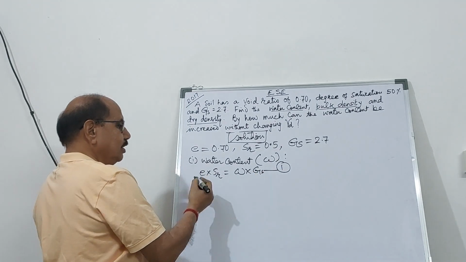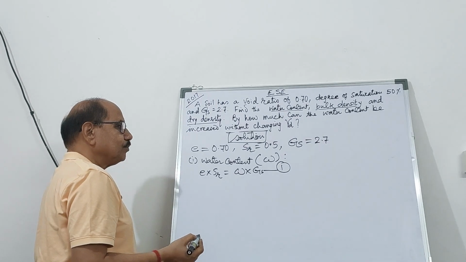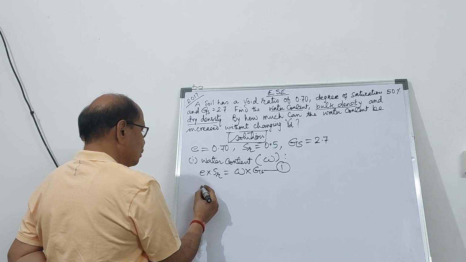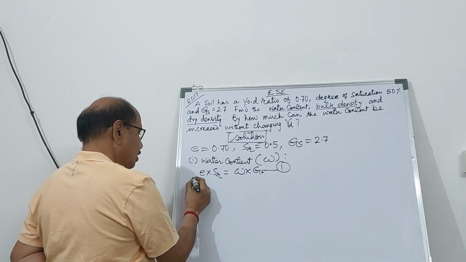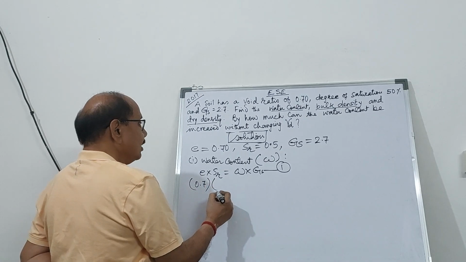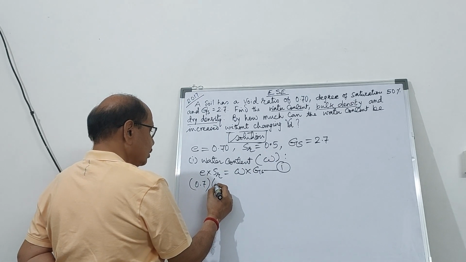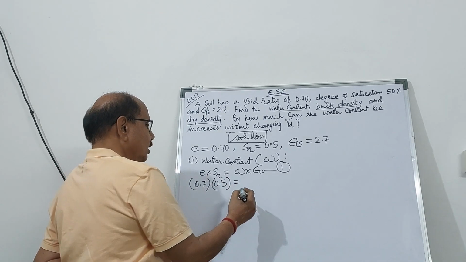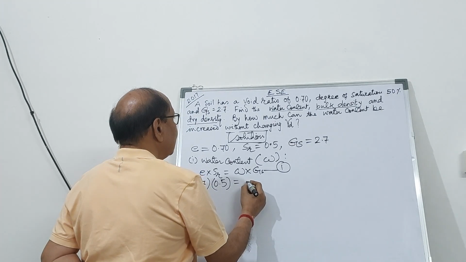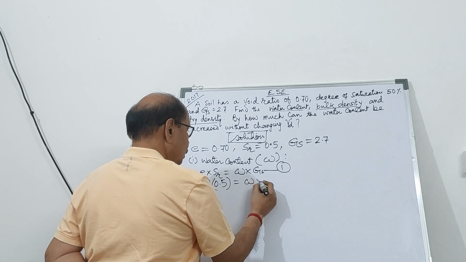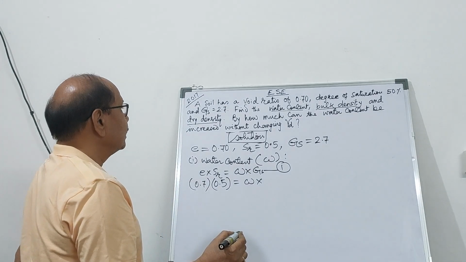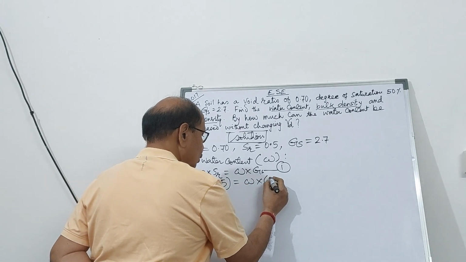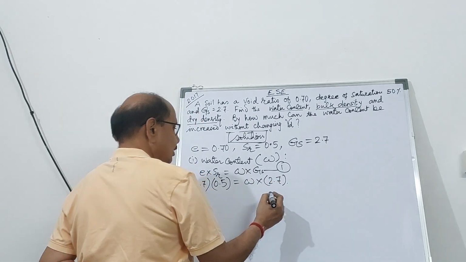Now the void ratio is given as 0.7, and degree of saturation is 50%, so 0.5, must be equal to W into 2.7.